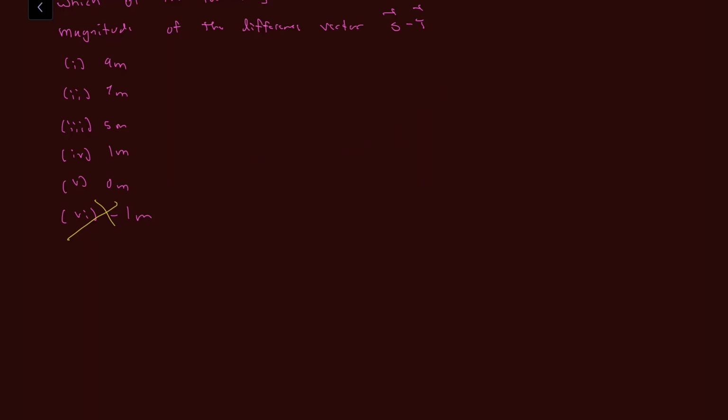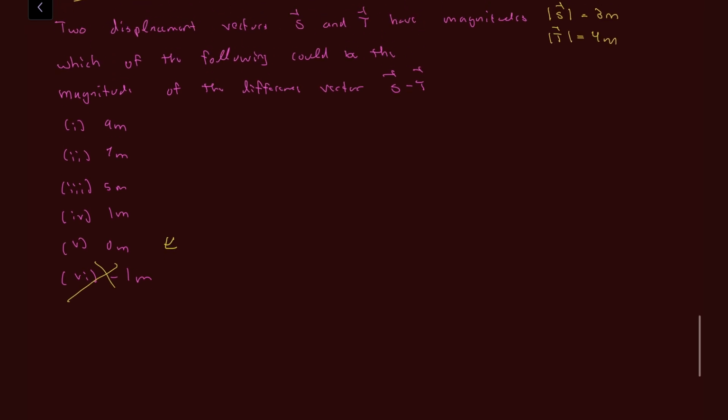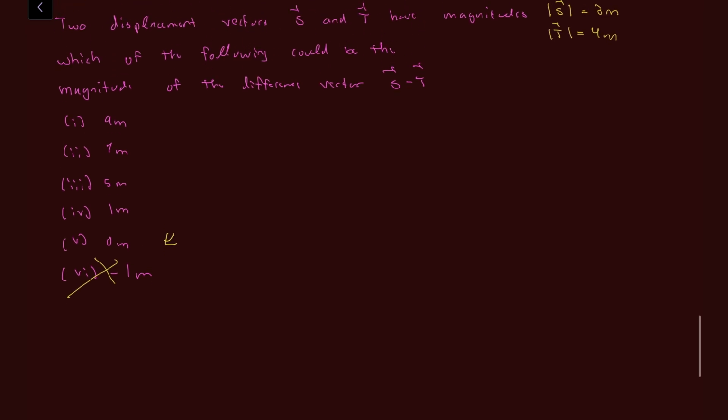Now let's talk about option number 5, 0 meters. When we're performing either subtraction or addition, we need to keep in mind the magnitudes. And in this case, we have magnitudes of 3 meters and 4 meters.